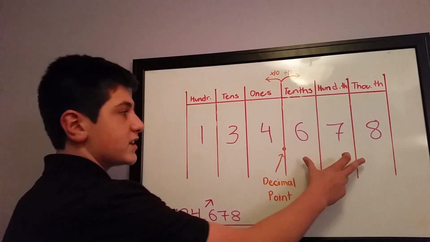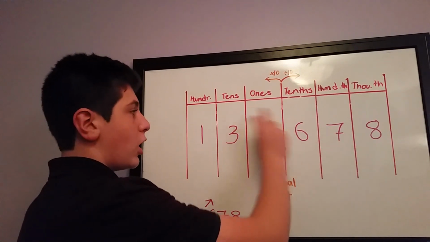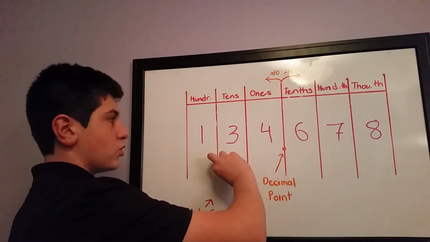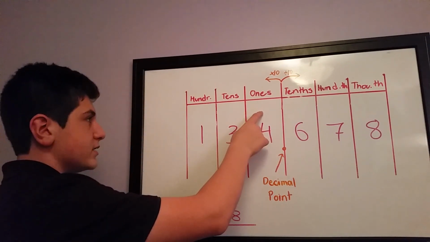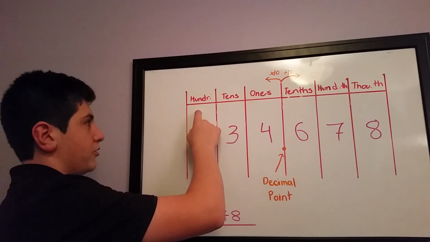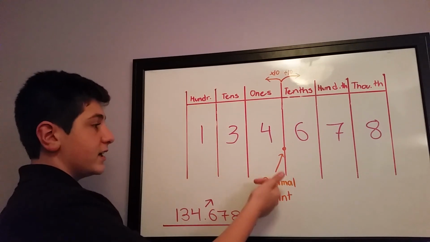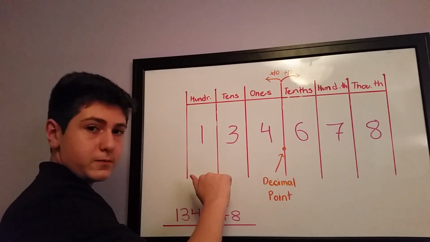You can think of the decimal place value as being opposite of the one that features whole numbers, the one we're more familiar with. It features ones, tens, hundreds, and so on. It is left of the decimal point.